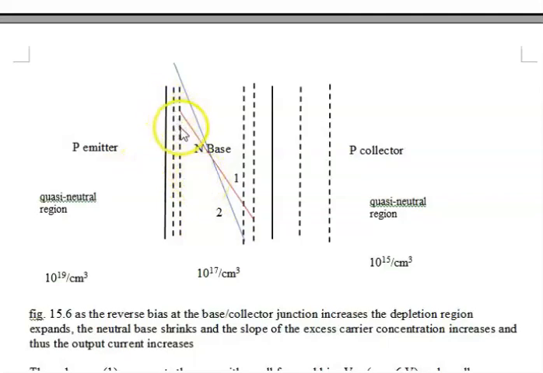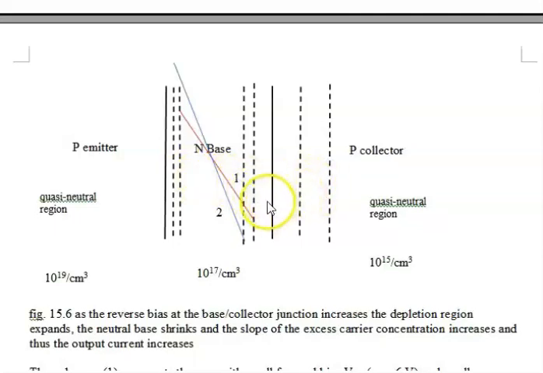Now look what happens when we increase the forward bias at the emitter base junction. Then this line here shrinks. Forward bias, the depletion region shrinks, so the edge is now governed by the inner line, and if we increase the forward bias at the emitter base junction, we're generally going to have to increase the reverse bias at the base collector junction.